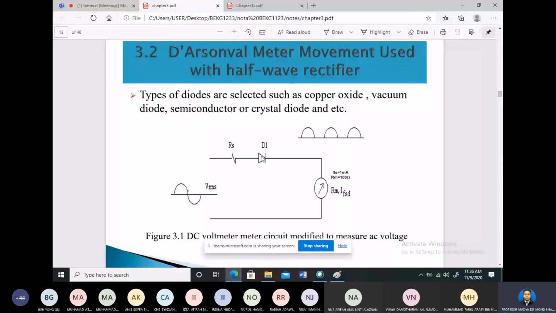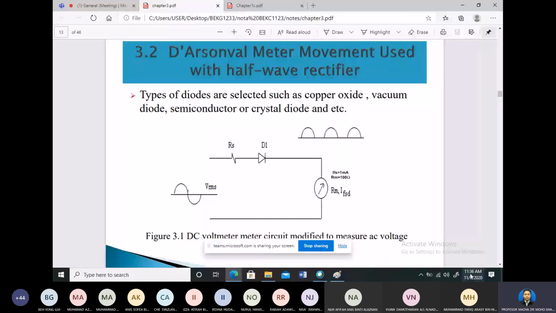If reversed, it will be 0. That's why we cancel out the negative side and allow only the positive cycle. The diode can be copper oxide, vacuum diode, semiconductor or crystal diode, and so on. So this is a half wave rectifier.